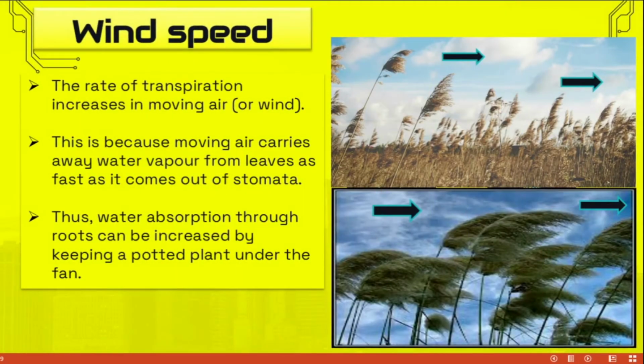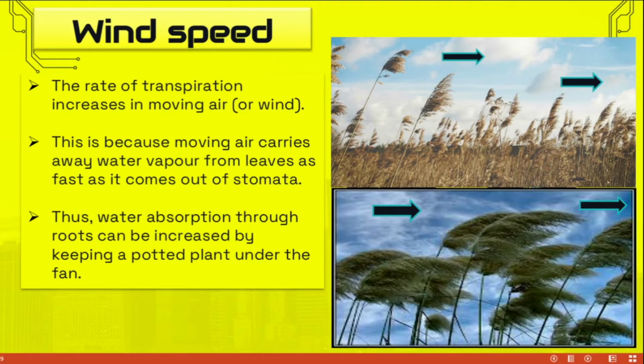Next, wind speed. The rate of transpiration increases in moving air. Whenever wind is there, transpiration automatically increases, because moving air carries away water vapor from the leaves as fast as it comes out of the stomata.